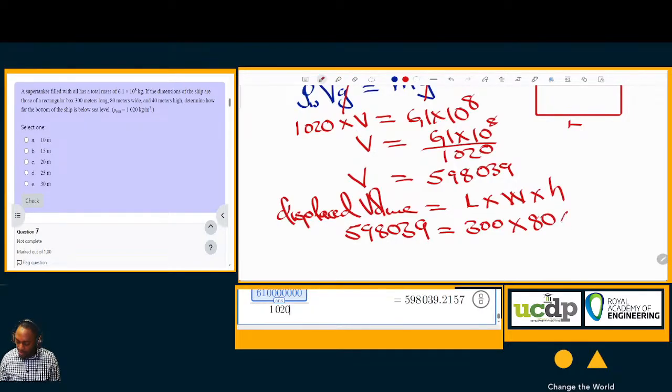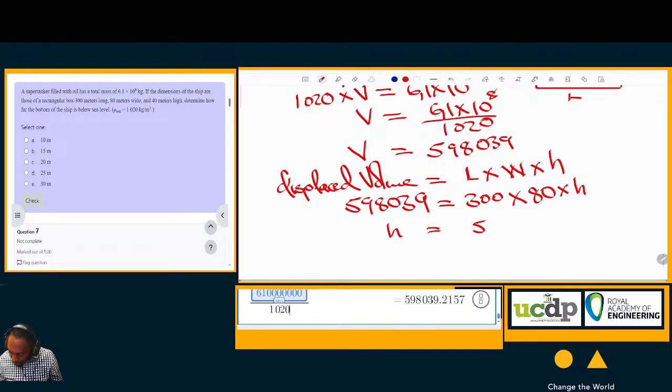But the height, we don't know how much water has been displaced, right? If it was completely submerged, then we were going to multiply by 40 meters, right? But it's not completely submerged. It's partially submerged, right? So we need to find the value for H.